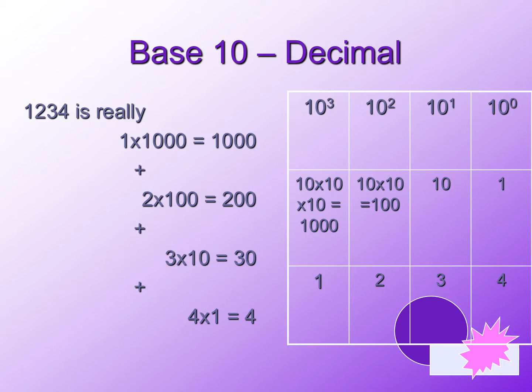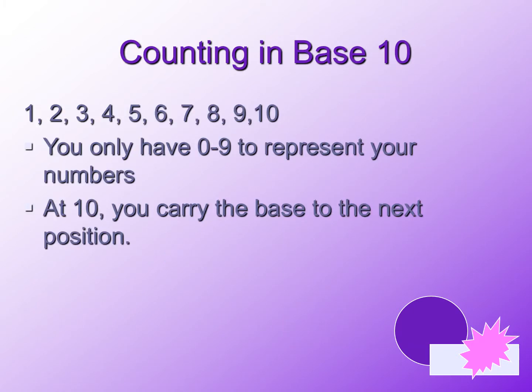So 1 times 1,000 is 1,000, 2 times 100 is 200, 3 times 10 is 30, 4 times 1 is 4. I add them all up together and I get 1,234. Now, when you count, you can count 1, 2, 3, 4, 5, 6, 7, 8, 9, 10. You only have 0 through 9 to represent your number, and then at the 10 you need to carry the base to the next position.